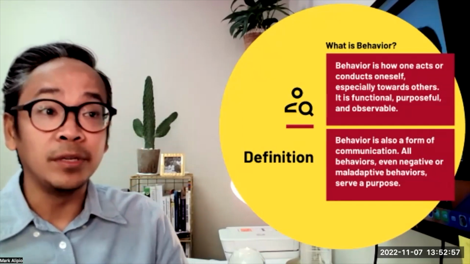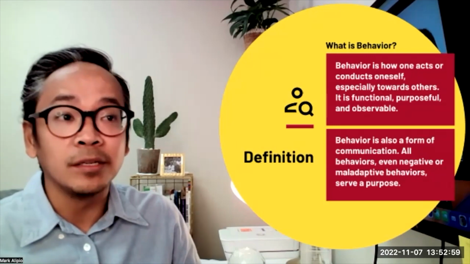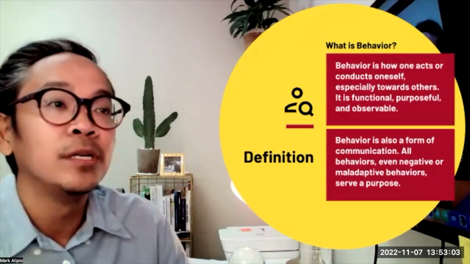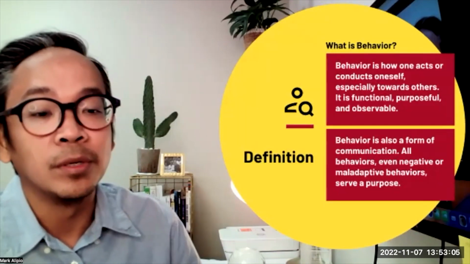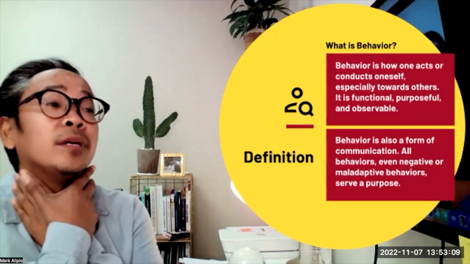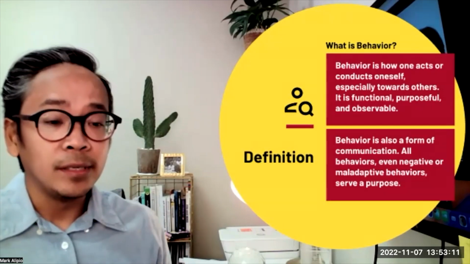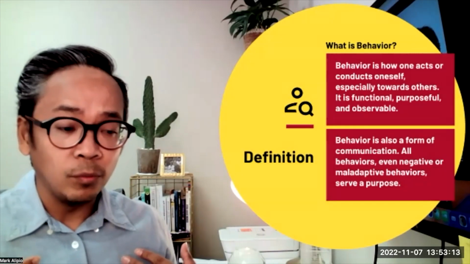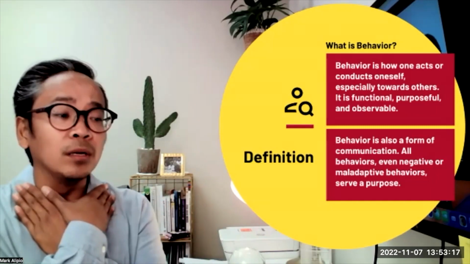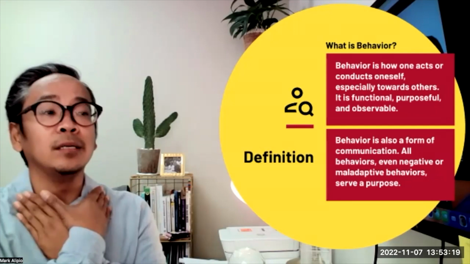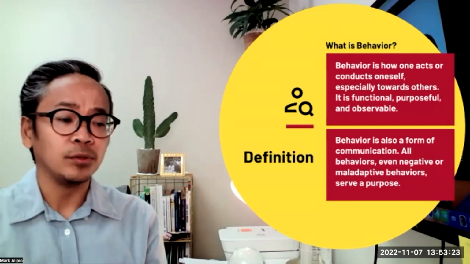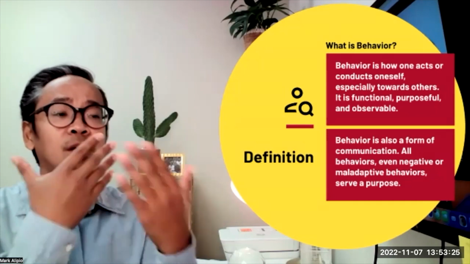All behaviors, even negative, positive, and maladaptive behaviors, serve a certain purpose. So, for example, when we go like this, that's a universal way of communicating that something is wrong with this area. That right there is also a behavior.